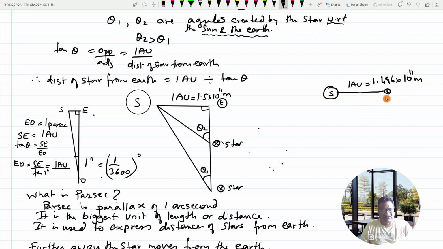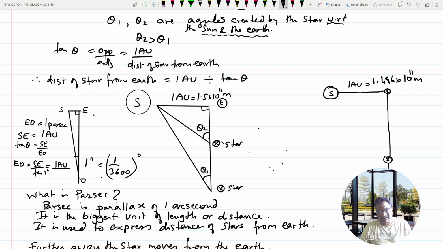Now what happens, suppose there is a star which is somewhere over here. If you try to see this star from the earth, the star is along this straight line. Now this star is moving further away.